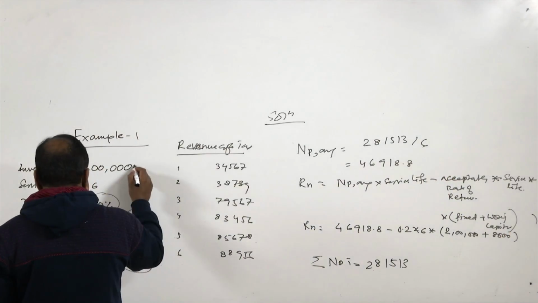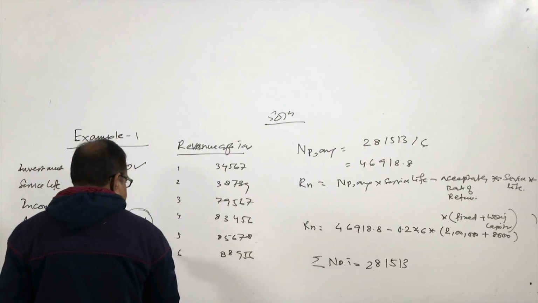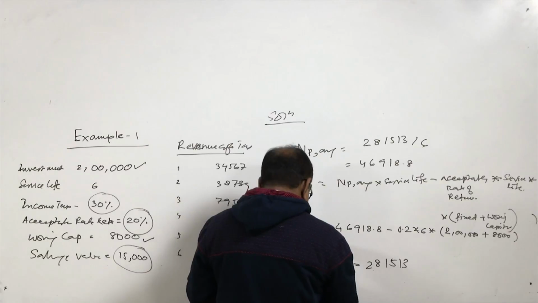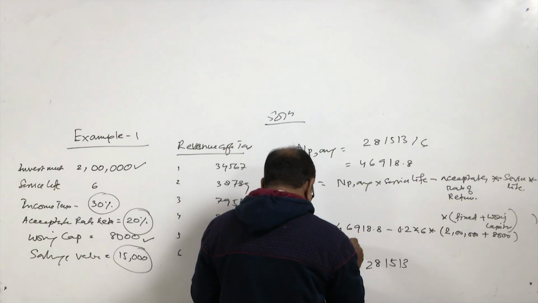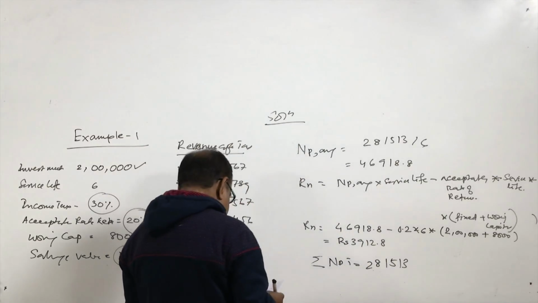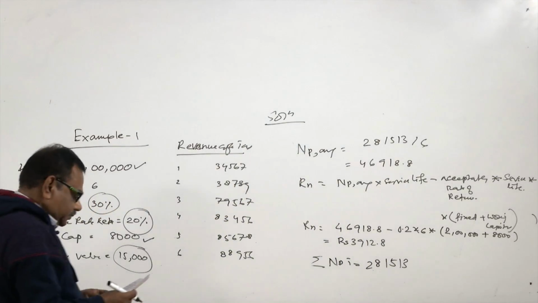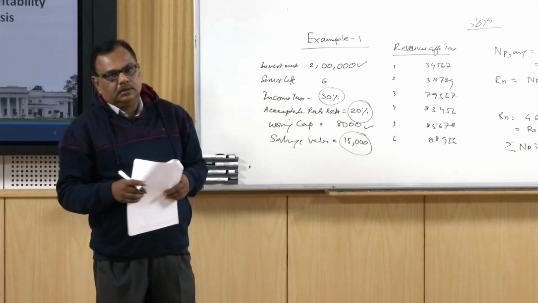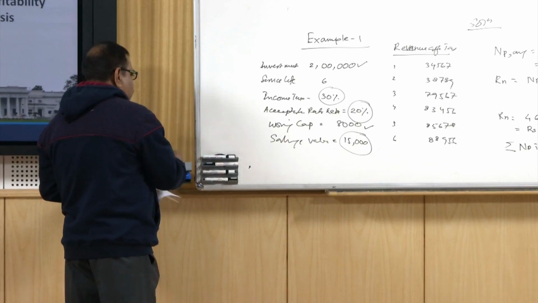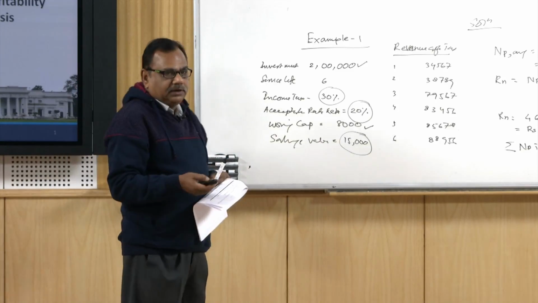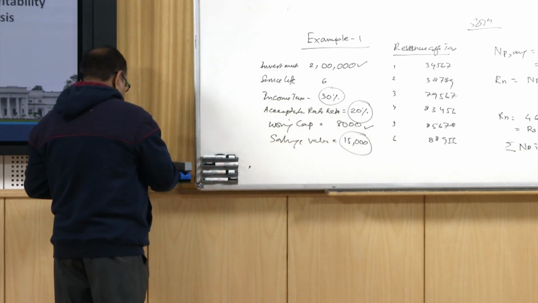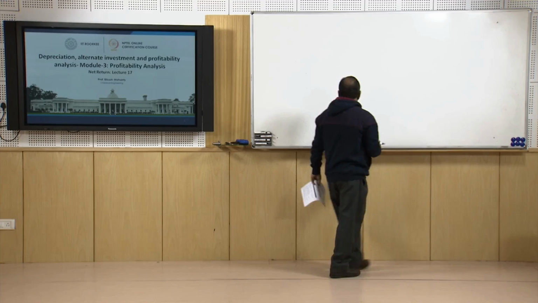The investment is 2 lakh here and the working capital is 8,000, which I have given, and this calculates out to be rupees 31912.8. Now, as the value is positive, I am able to get my acceptable rate of return or more than that, and hence this should be accepted.